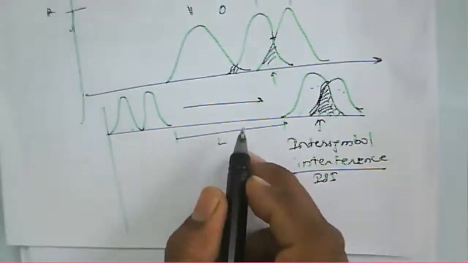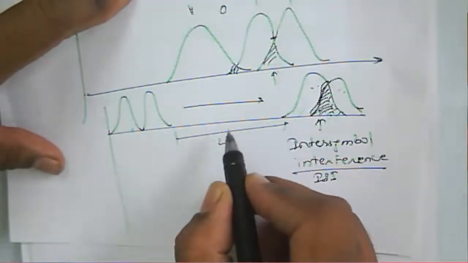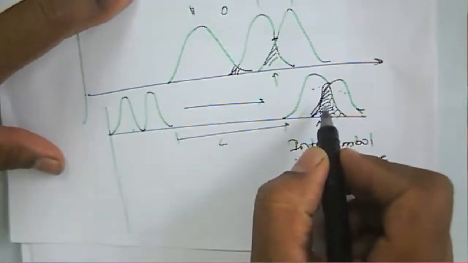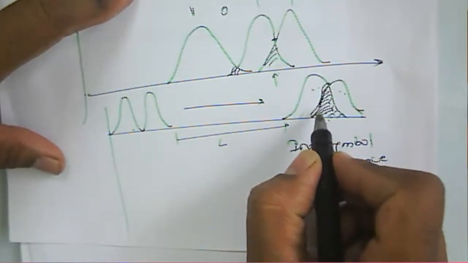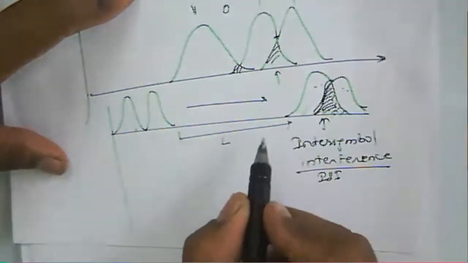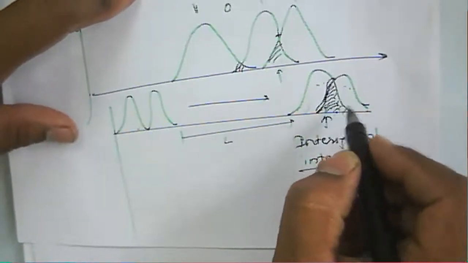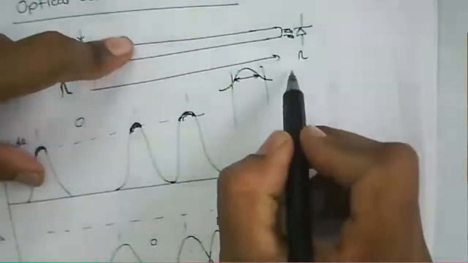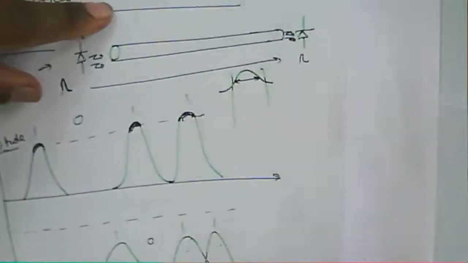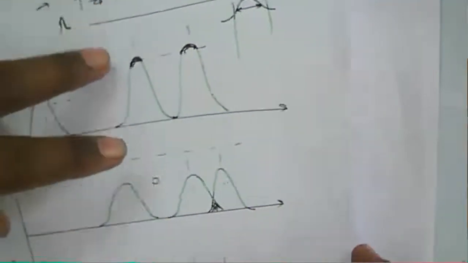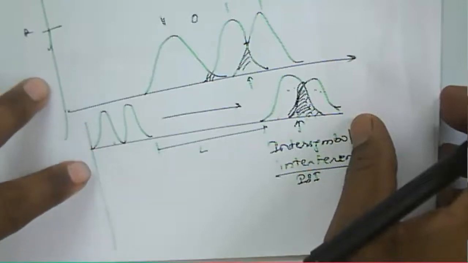Because of the length of the fiber, each pulse broadens and overlaps with its neighbor pulse. So that's why we are not able to distinguish these pulses. Means what? At the receiver side, that overlapping of pulses cannot be distinguished.